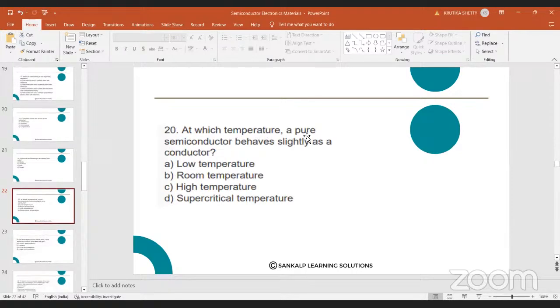At which temperature does a pure semiconductor behave slightly as a conductor? Low temperature, room temperature, high temperature, supercritical temperature.